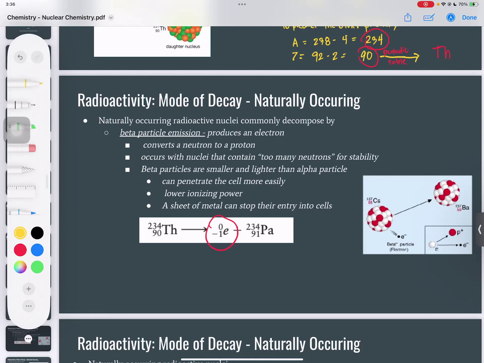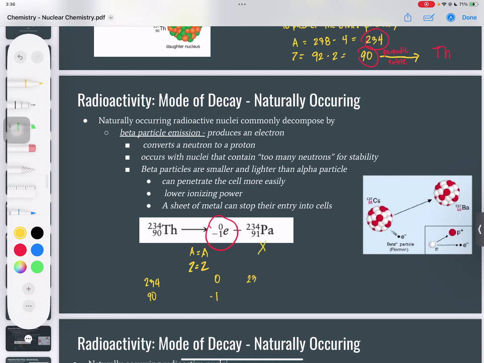You should still balance the mass number and the atomic number, so A is equal to A, Z is equal to Z. So 234 and 90, and this is 0 and -1. In other words, the other daughter particle, let's say this is X, is unknown.